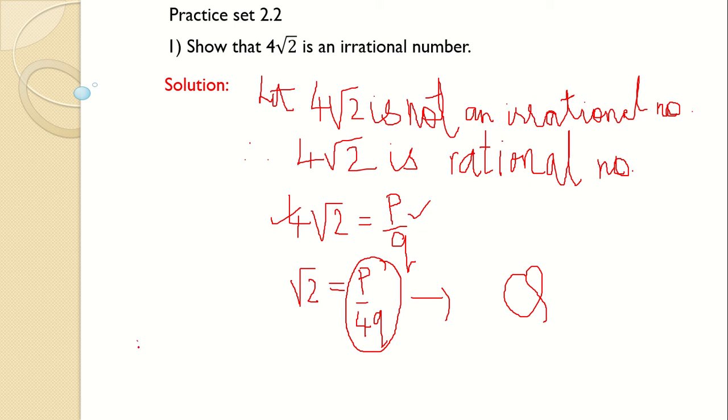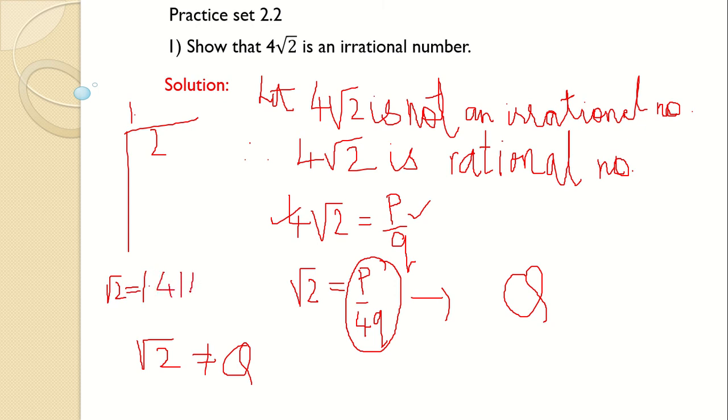But we know that root 2 is not a rational number. If you actually find out the value of root 2 by the division method, the answer is coming 1.4141, and it goes on.